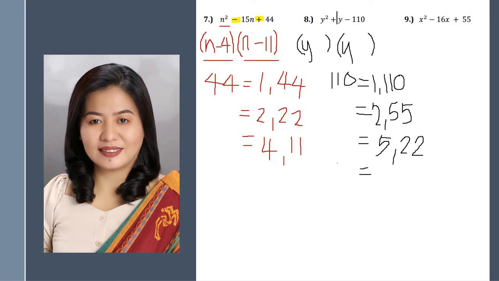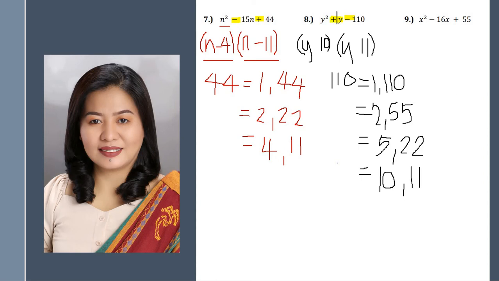Then we move to 10. So we'll have 10 and 11. When we subtract 10 and 11, it will give us a difference of 1. The answer is yes. So we'll have 10 and 11. Since the last term is minus, the operations of the two factors will be opposite, and the middle term gives a positive sign.